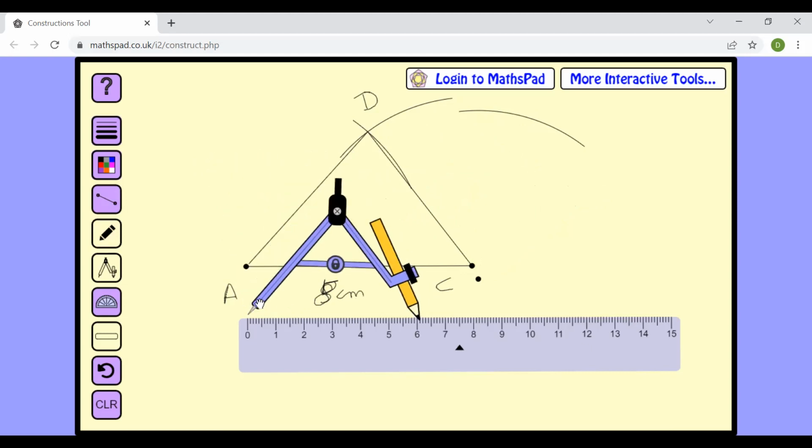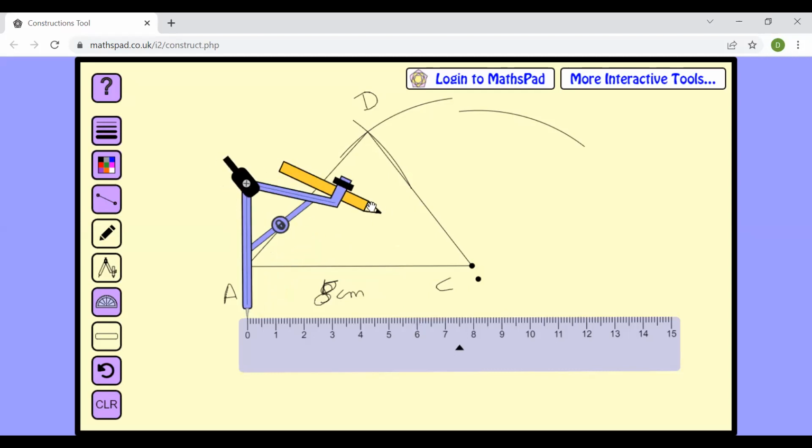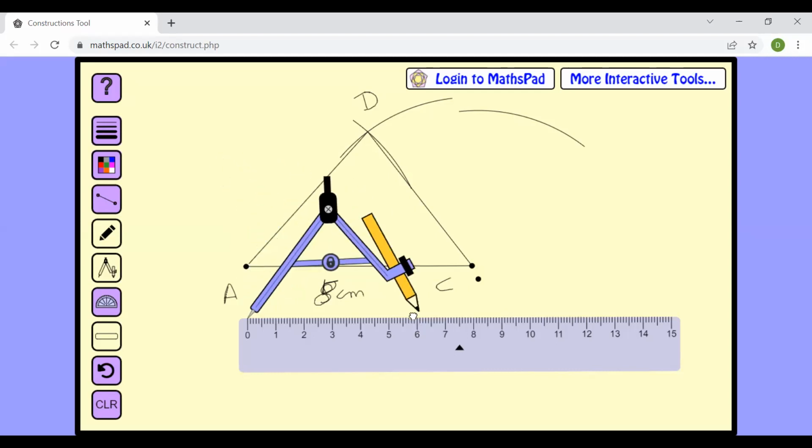To draw an arc at 6.5 and 6 centimeter, open your compass for 6 centimeter. How will you open? On the ruler, keep the needle at 0 and your pencil nib at 6. So it means your compass is now open for 6 centimeter.